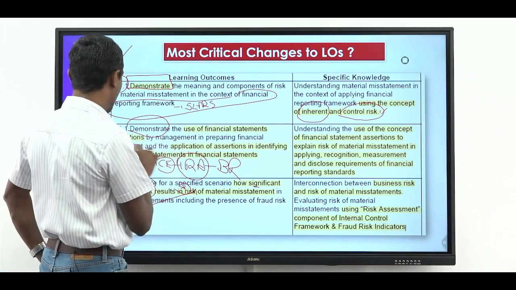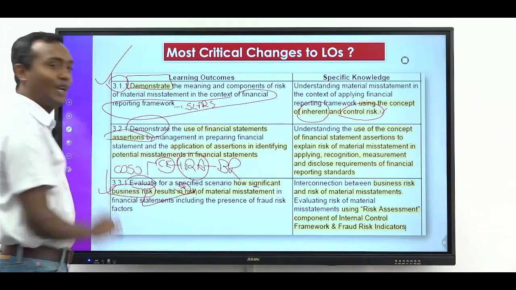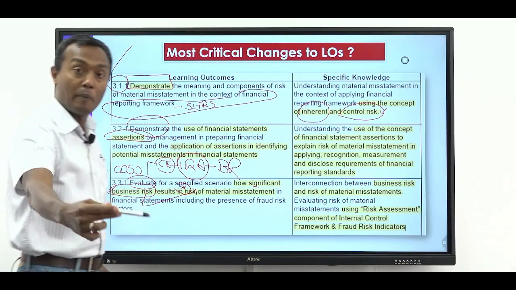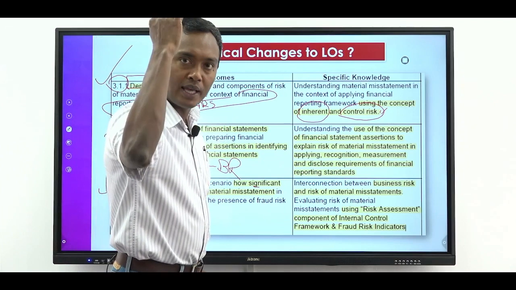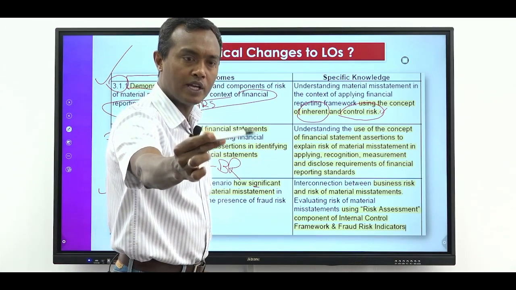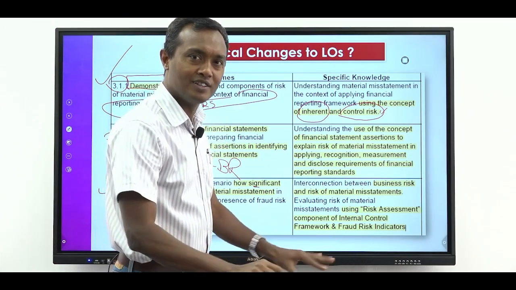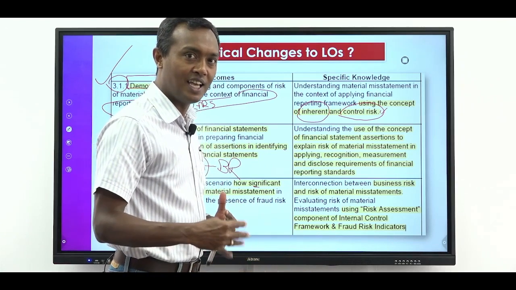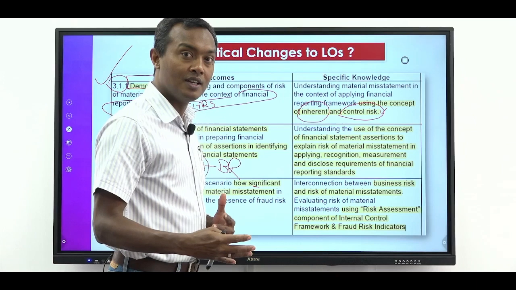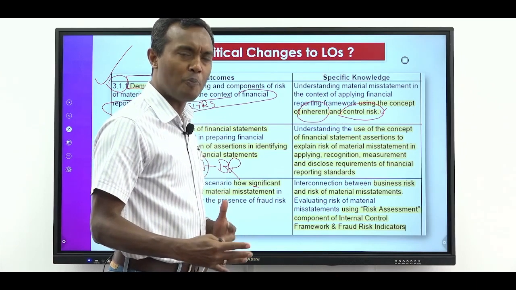Demonstrate the assertion. So this is what I just explained to you. Let me repeat. In preparing financial statements, management explicitly means they say we are a going concern, explicit in writing. Implicitly, no need to say sales is properly accounted, proper cutoff.